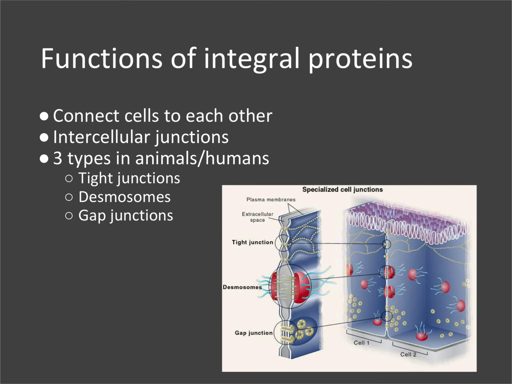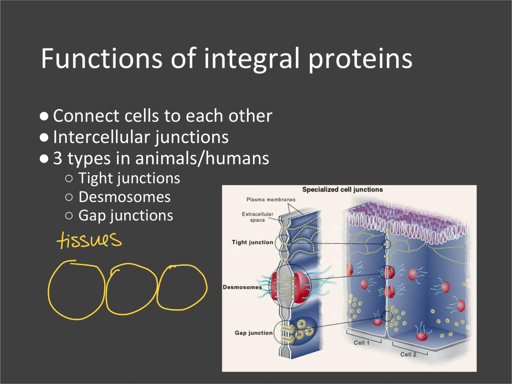Integral proteins can also work as a way to attach cells to each other. So far we've talked a lot about cells being independent units, but in reality cells often work together, and they work together to form things called tissues. Tissues are just cells that are working together to carry out a function.